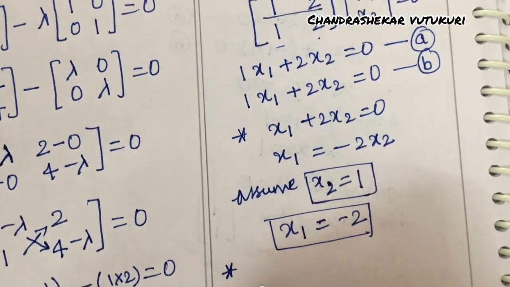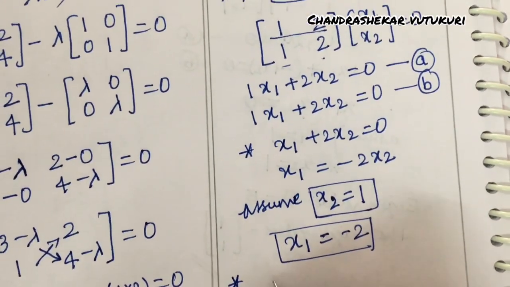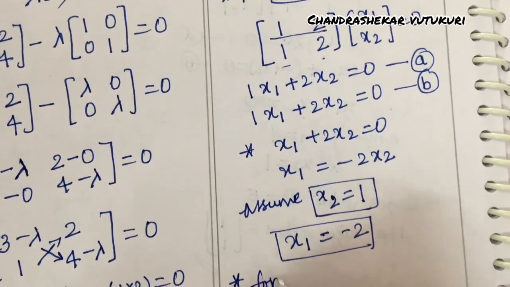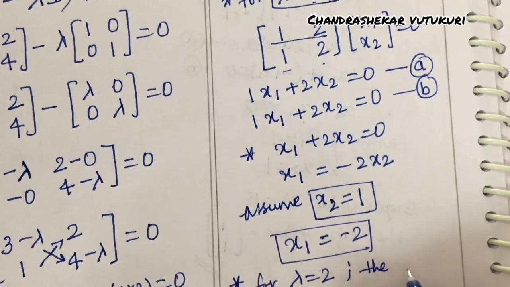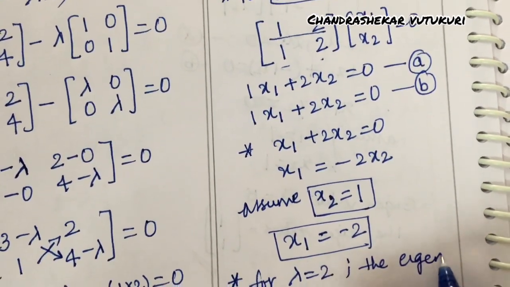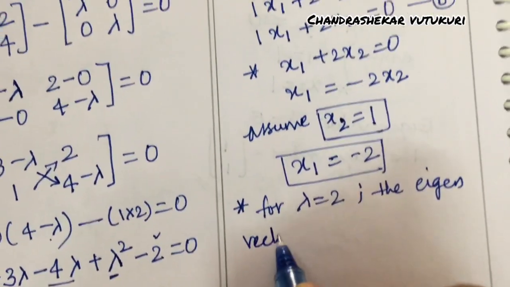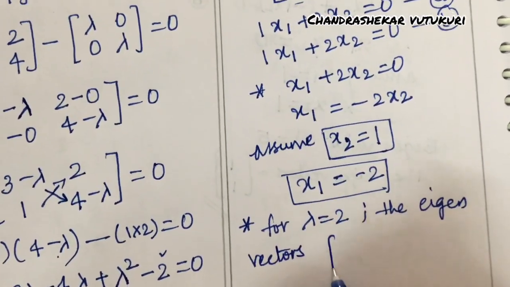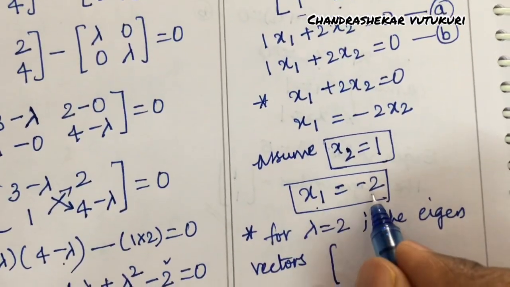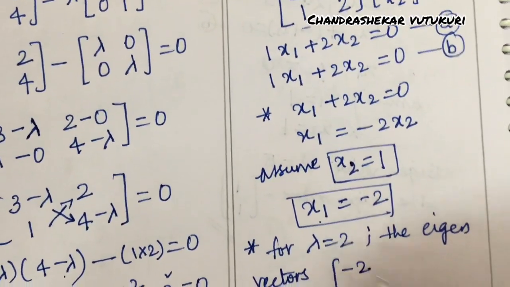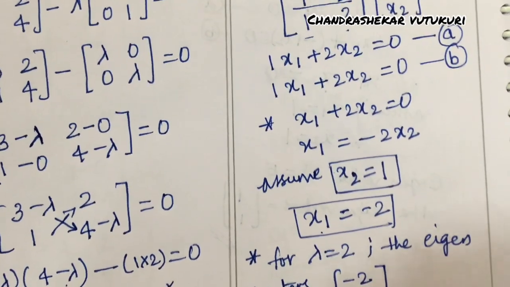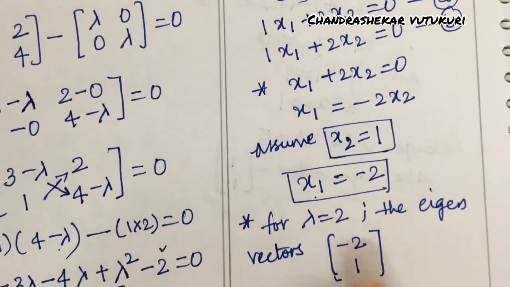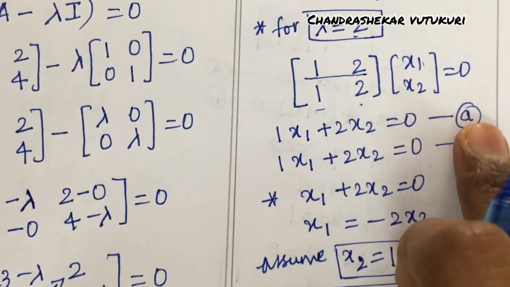These are nothing but the eigenvectors for lambda value 2. The eigenvectors are found out to be, what, dear students? In the place of x1 we got the value minus 2, in the place of x2 I got the value 1. You need to cross-check whether this is correct or not by substituting in any of the above equations.